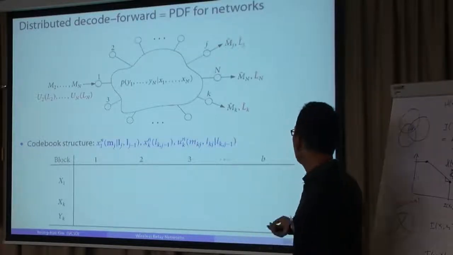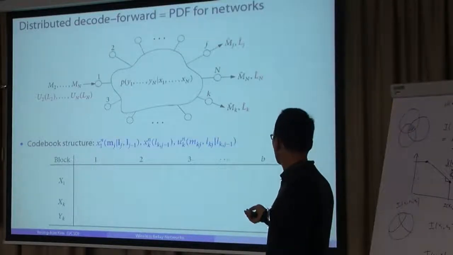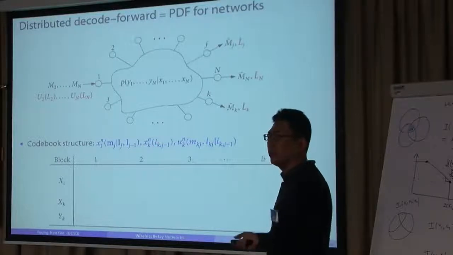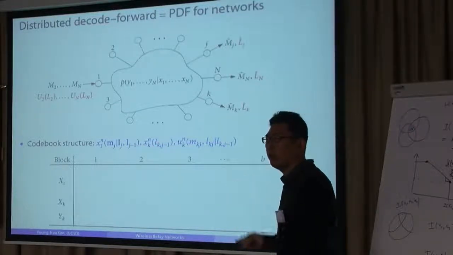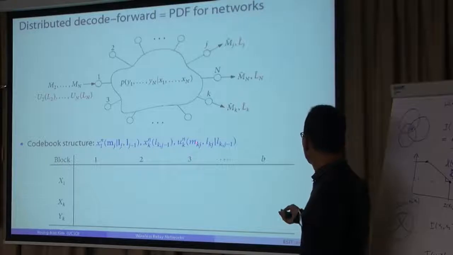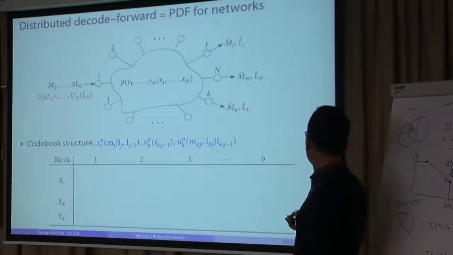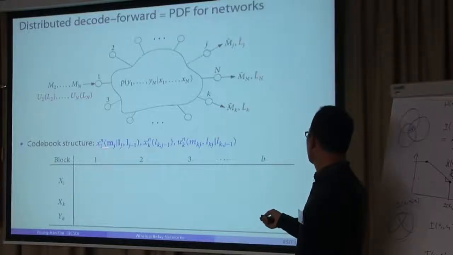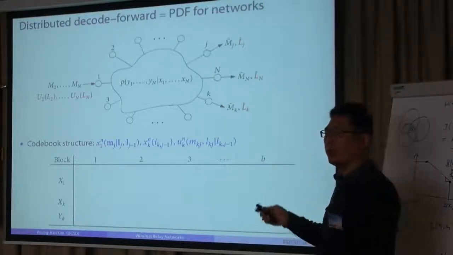So here is some more detail. Here is the codebook structure. The relays are always trying to send the index L, one per relay. And there are U code words that are carrying some information about the message, as well as indexed by the virtual index L. The X1 code word is conditioned on everything over the entire network.